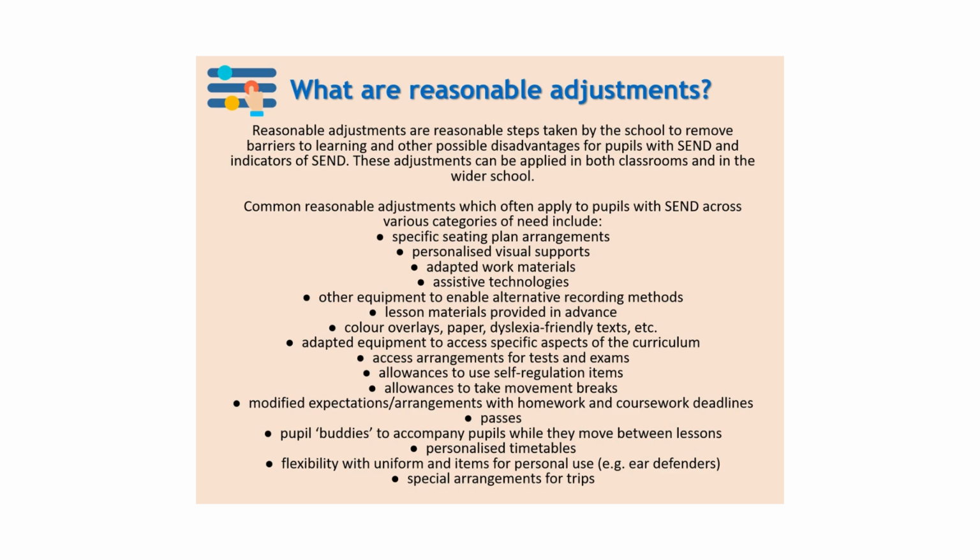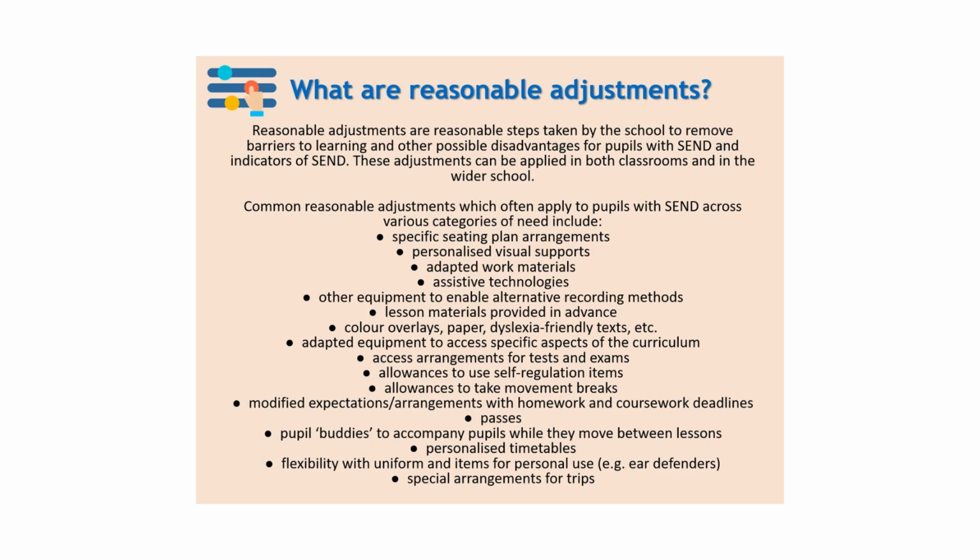Common reasonable adjustments which often apply to pupils with SEND across various categories of need include specific seating plan arrangements, personalised visual supports, adapted work materials, assistive technologies, other equipment to enable alternative recording methods, lesson materials provided in advance, colour overlays, paper, dyslexia-friendly text, etc.